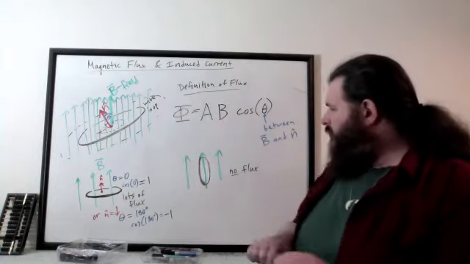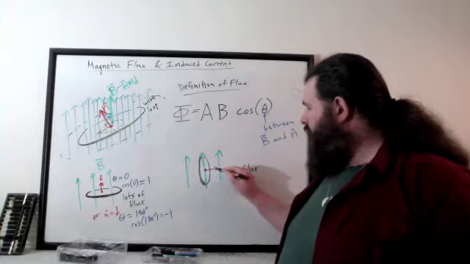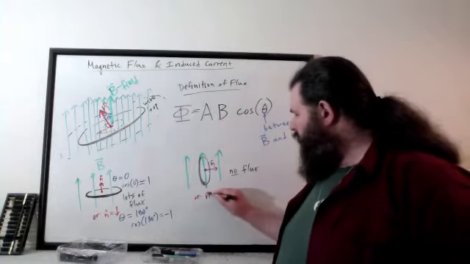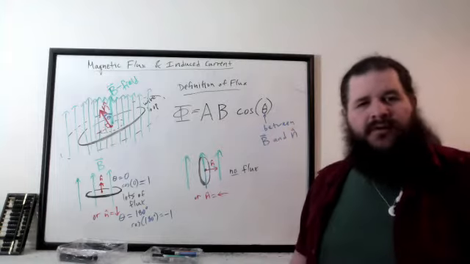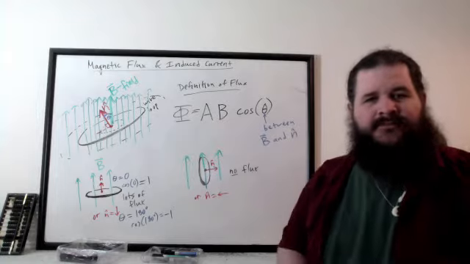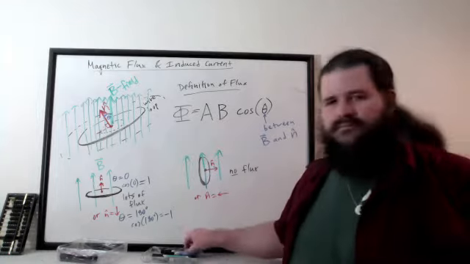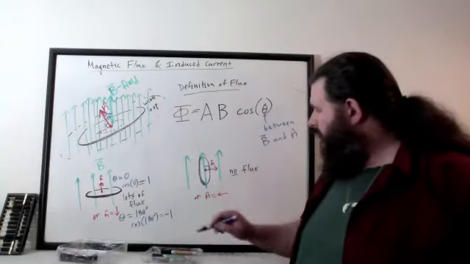And in this case, it doesn't really matter which one of those you choose. Because either way, if you choose a normal vector to the right or to the left, what's the angle between the normal vector and the magnetic field? 90? Yeah, this is a 90-degree angle, a right angle.